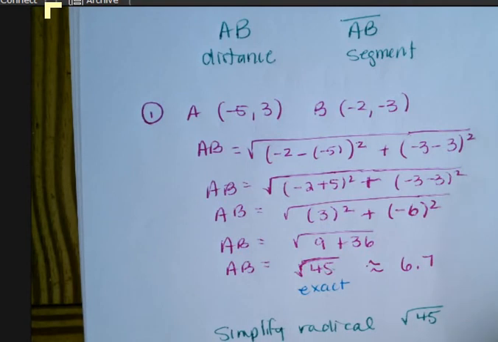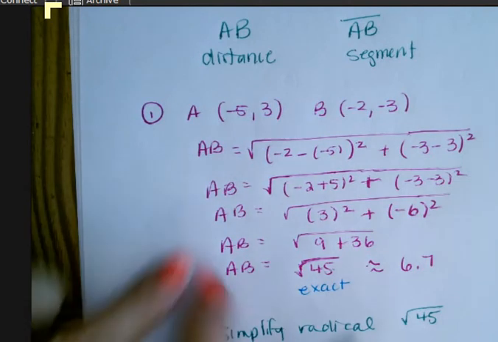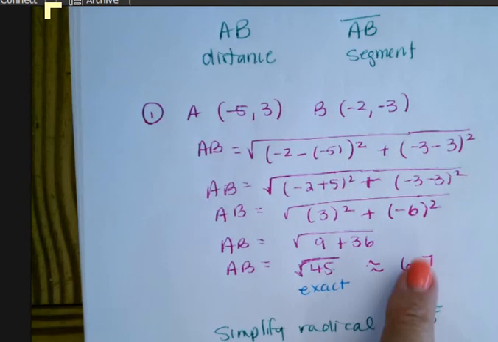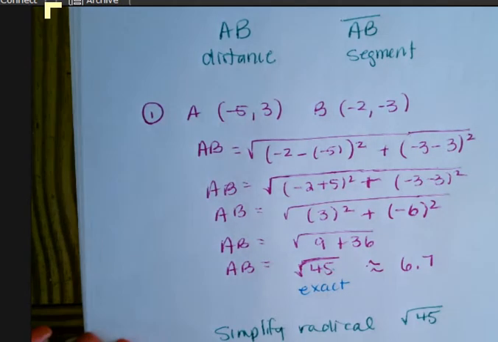So 45 is what? 9 times 5, so it's 3 times 3 times 5. Because it's a square root, 2 come out, so it's 3 square roots of 5. We will go over that some more if need be in class. For right now, that's just kind of review. Maybe we'll do some reviewing on simplifying those radicals as a warm-up one day. Right now, we're just making sure we can use the distance formula. So decimal answers are okay for what we're doing.